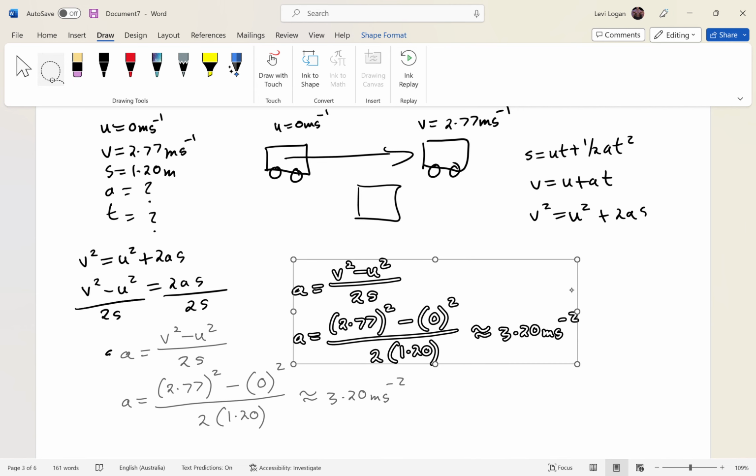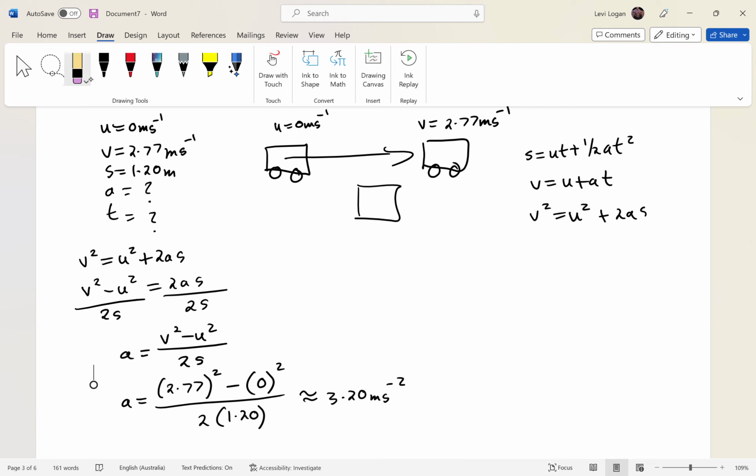So now we can find the time it took to travel that distance. Acceleration we know now is 3.2 meters per second squared. For our time, we can use either this equation or this equation. I'm going to use this one.